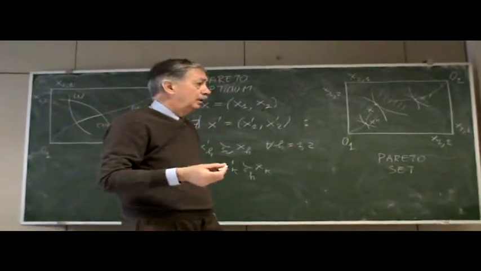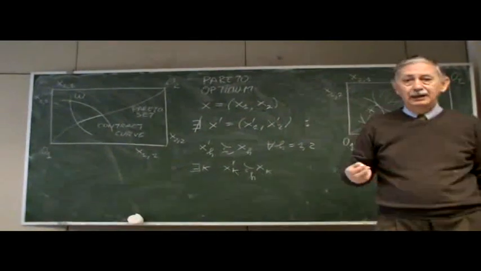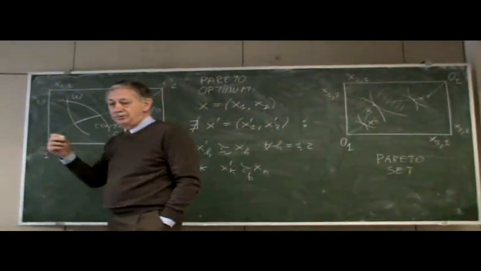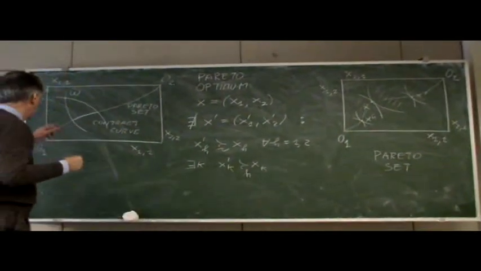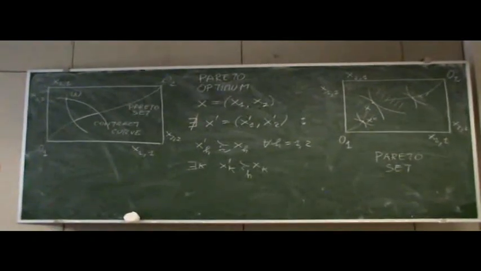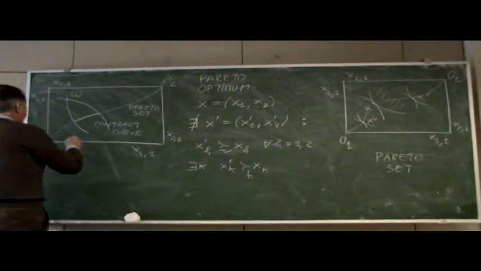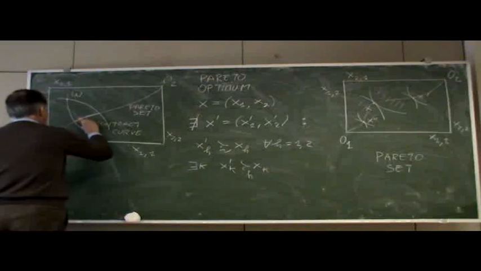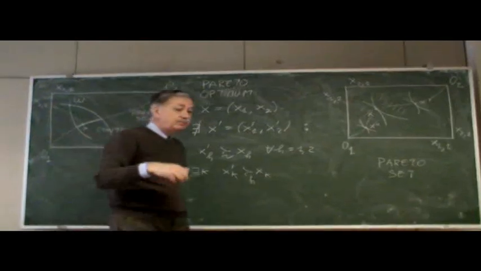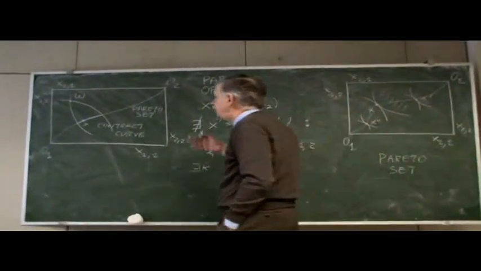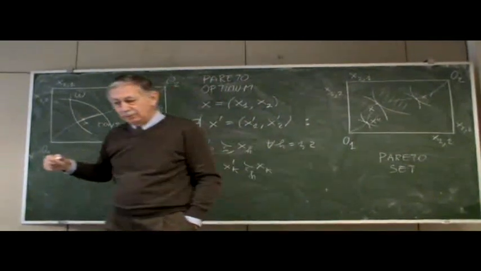If the optimal bundle had a utility which is lesser than the utility of the initial endowment, you cannot choose that bundle. You would remain in the initial endowment itself in order to maximize utility. So, the points which are relevant for us are those in which, like this X, every individual is better than in the initial endowment, or his utility is equal to that of the initial endowment.